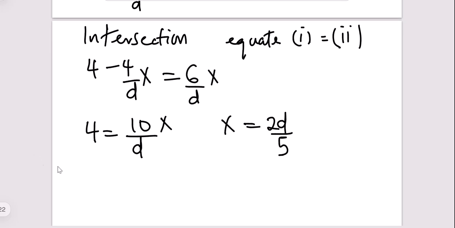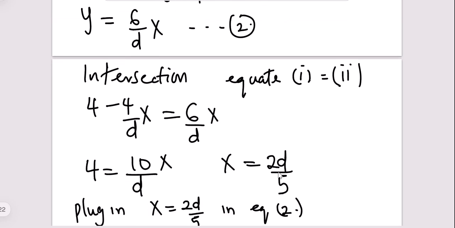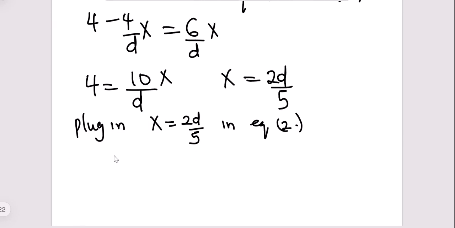The next thing to do is to plug in x equals 2d over 5 in equation 2, which is y equals 6 over d x.